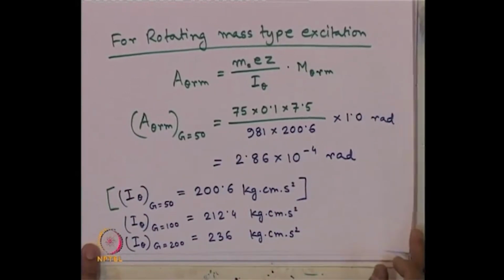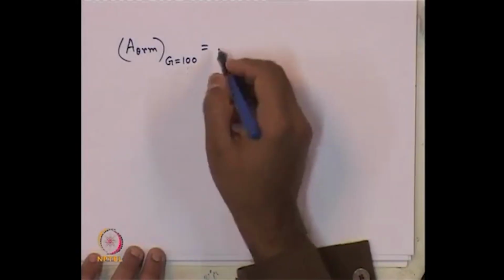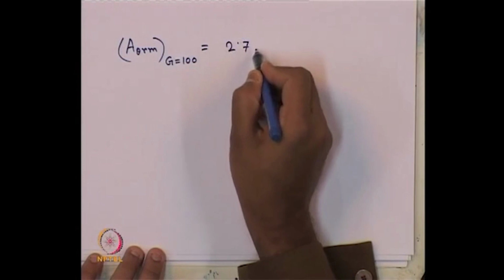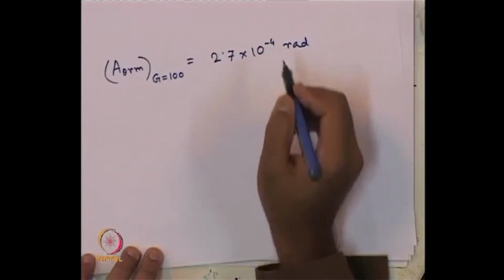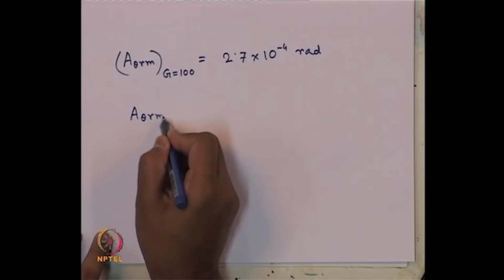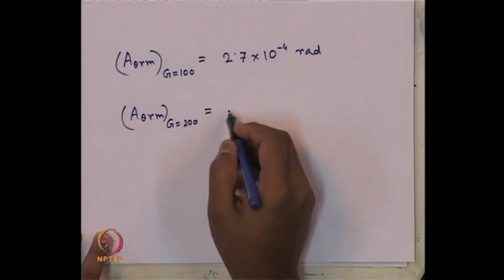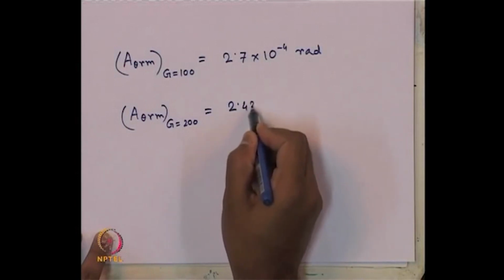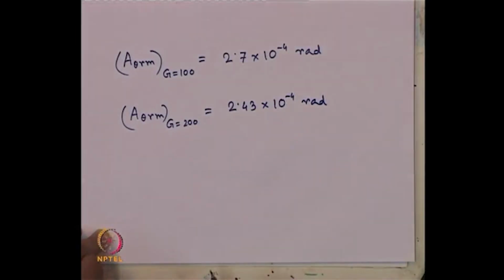This we already calculated in the previous lecture. So, this will give us 2.7 into 10 to the power minus 4 radian as the torsional displacement, and A theta Rm with G equals 200 is computed as 2.43 into 10 to the power minus 4 radian. So, these are the displacement amplitudes at resonant condition.